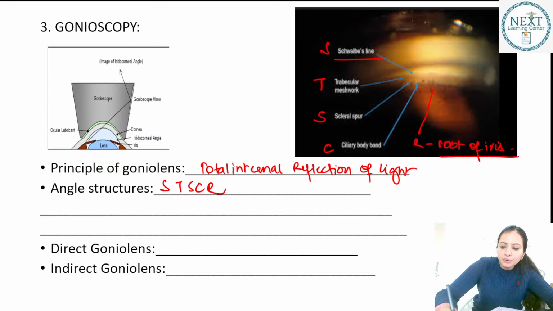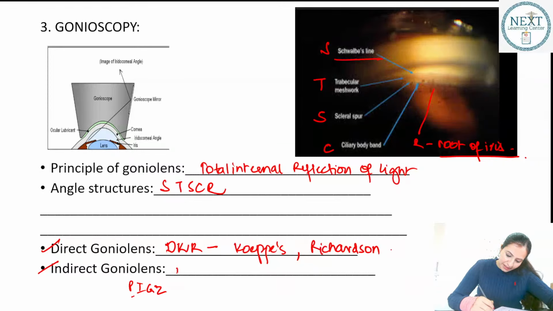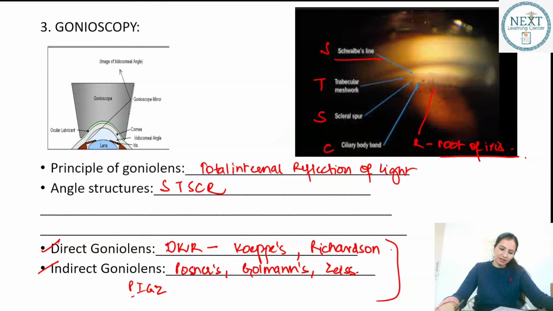Now moving on to direct and indirect goniolenses. The direct mnemonic is DKR. Direct are Koeppe and Richardson. These are the names. Indirect is PIGZ: P is Posner's, G is Goldmann's, and Z is Zeiss. So these are the names of the direct and indirect goniolenses.